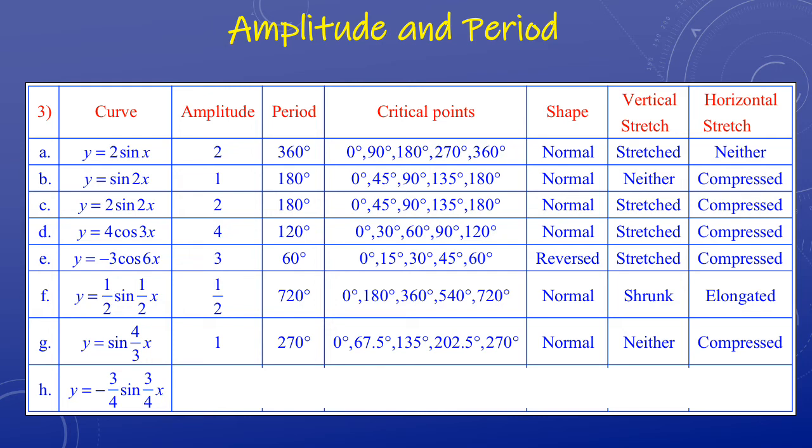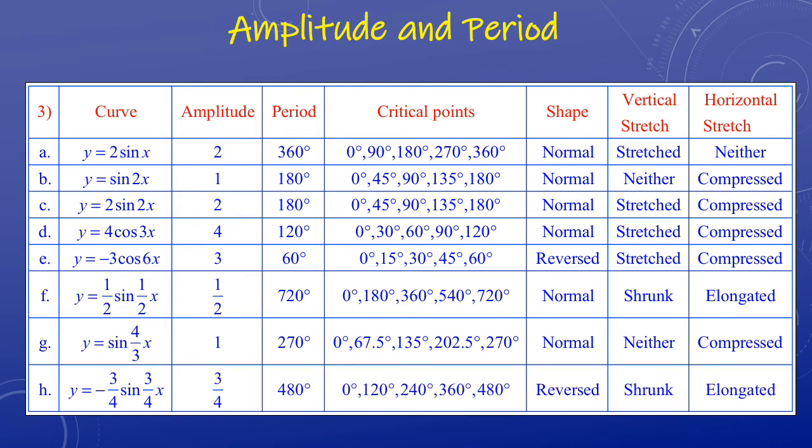This curve is normal. There is no vertical stretch or shrinkage, and in terms of the horizontal stretch, since the period is less than 360 degrees, it is compressed. H reads y is equal to negative 3/4 sine of 3/4 x.